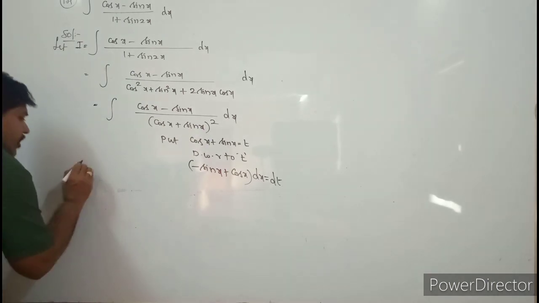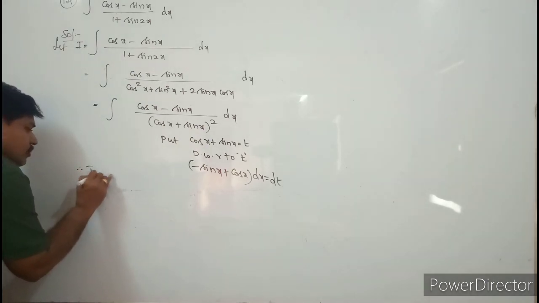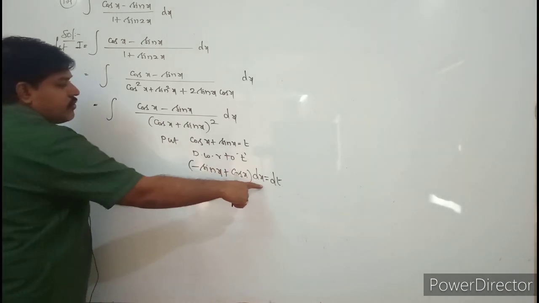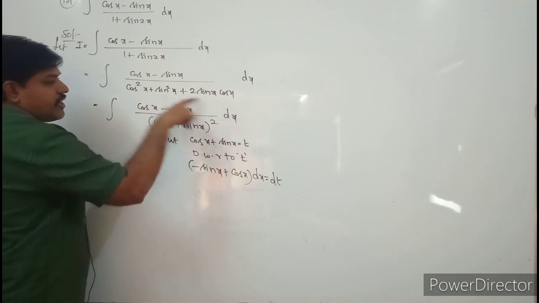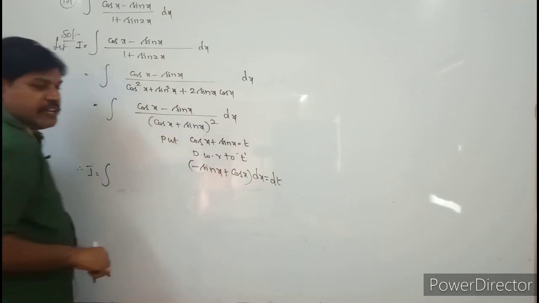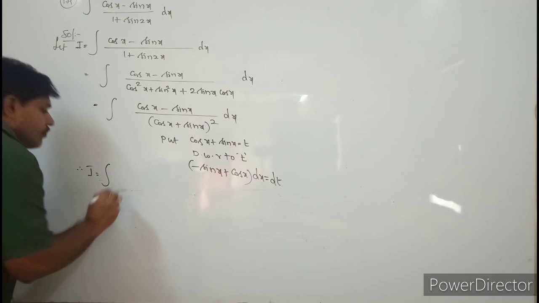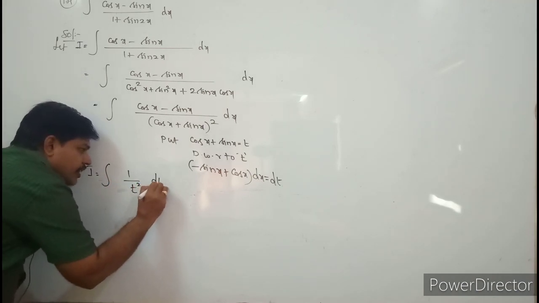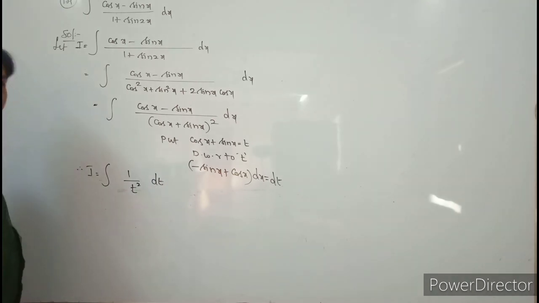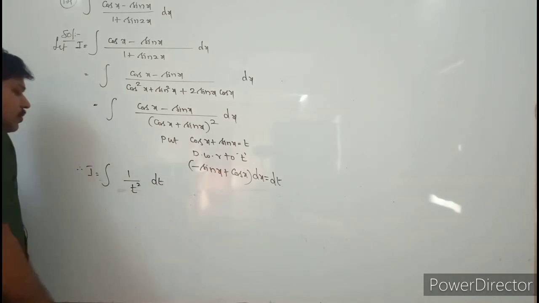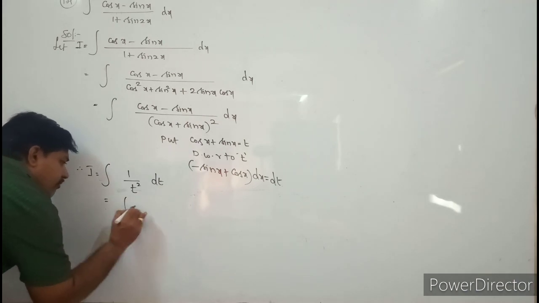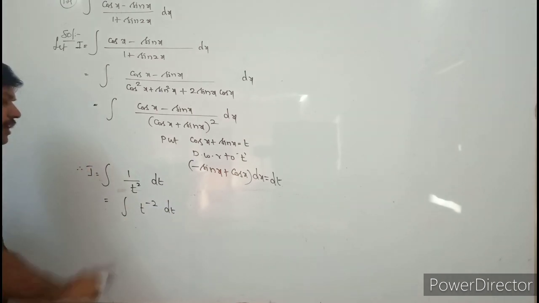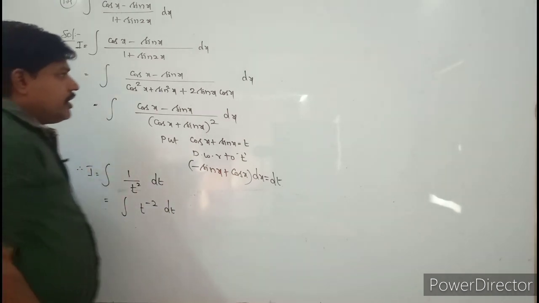Therefore I is equal to integral of cos x minus sin x into dx, the total term will become dt, and this value is 1 by t square into dt. Integral of t power minus 2 into dt.